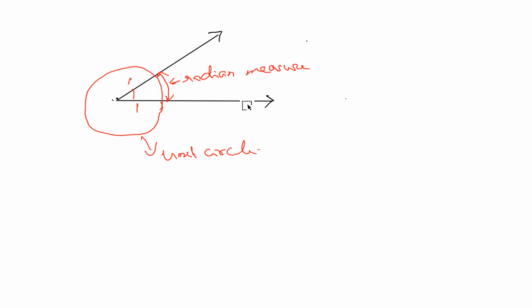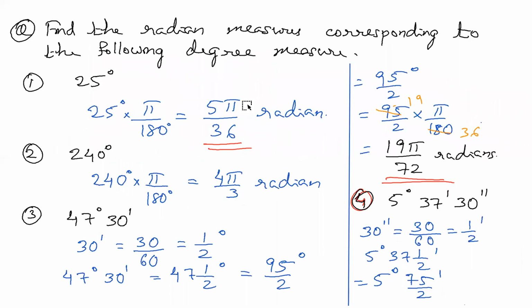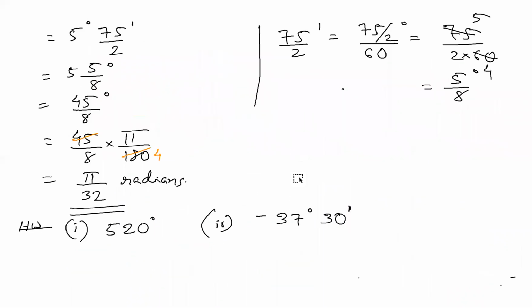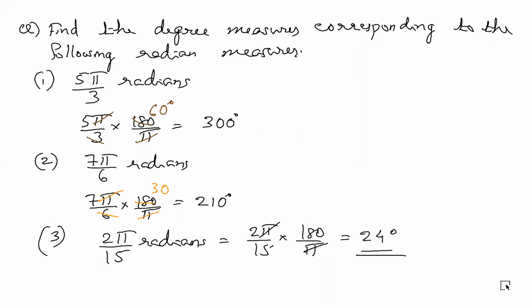Now the conversion questions: degree to radian, multiply by pi by 180, and there also the seconds and minutes you will convert by dividing by 60. Radian to degree, multiply by 180 by pi. I hope the concept is clear. If there is any doubt, you can ask now. Is there any doubt? Anybody can ask if there is any doubt.